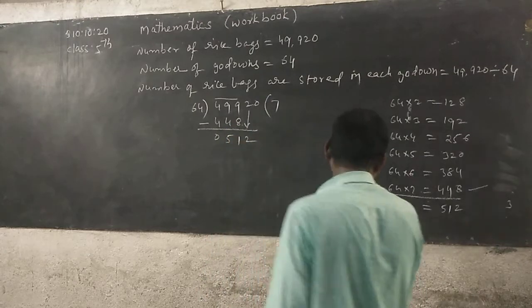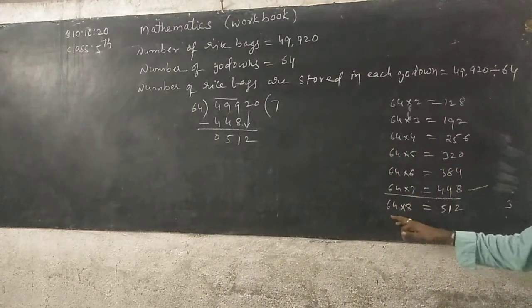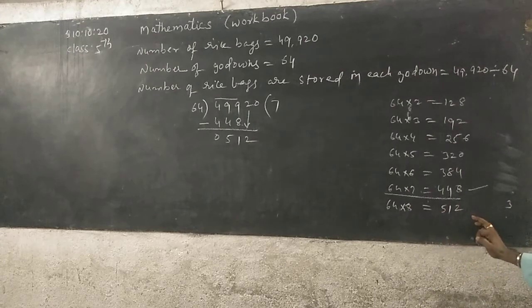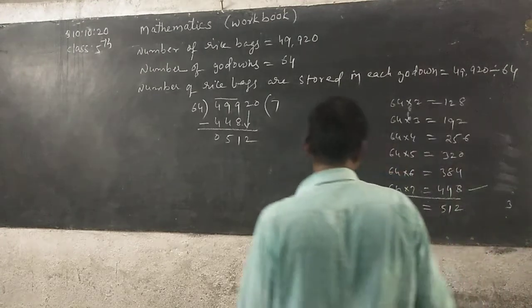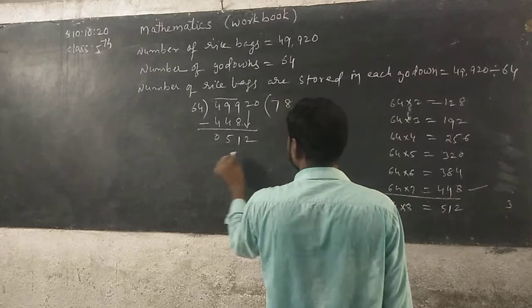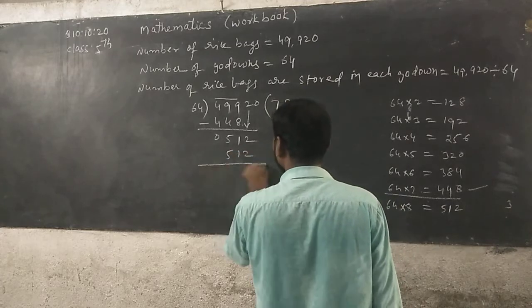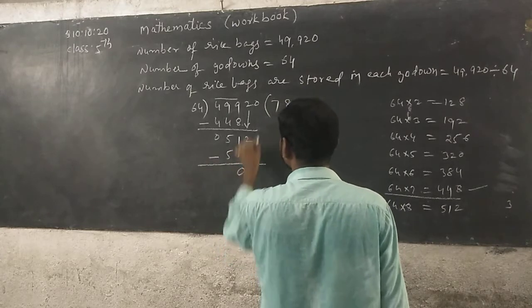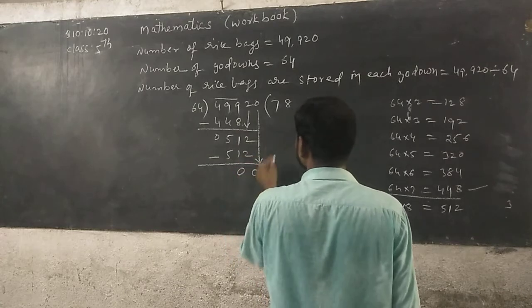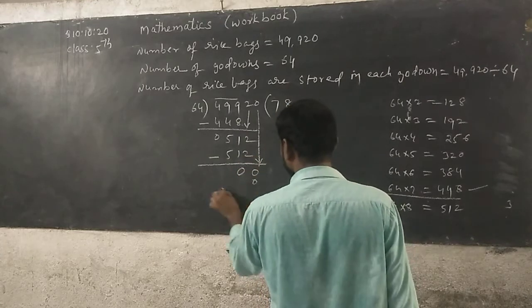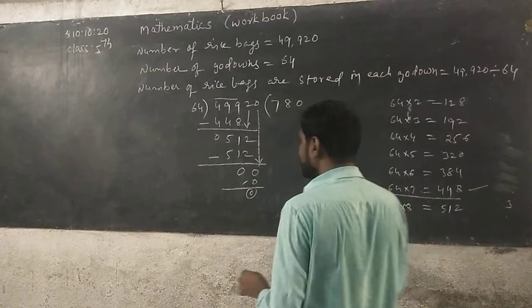See here, 64 8s are 512. 512 minus 512 is 0. Now bring down 0. 64 0s are 0. 0 minus 0 is 0.